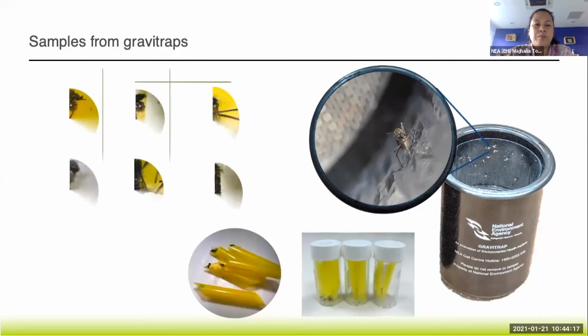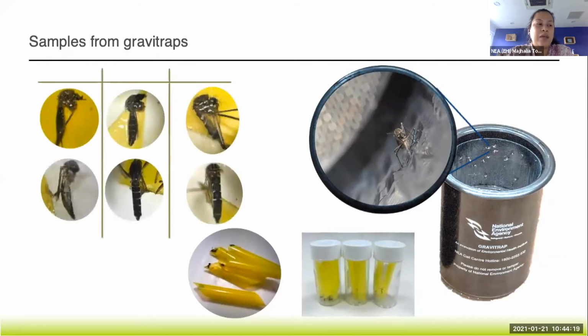So these are some samples of mosquitoes that we get from gravity traps. So what do you notice from these samples? Are they still complete? Most have missing appendages. Most don't have the proboscis.